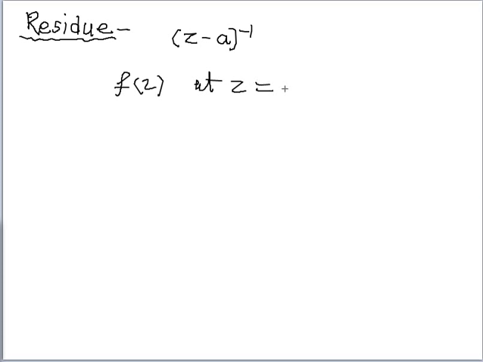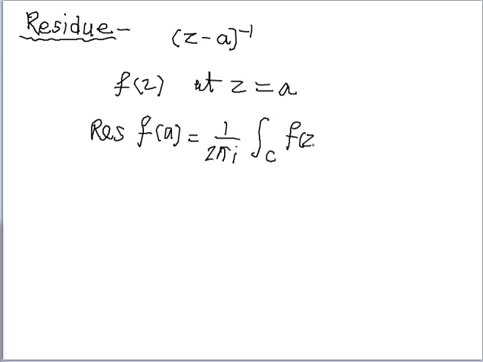Clear? Now the residue can also be given by, I can rewrite this, residue of f at a is given by 1 upon 2 pi iota, integral over the curve C of f(z) dz.